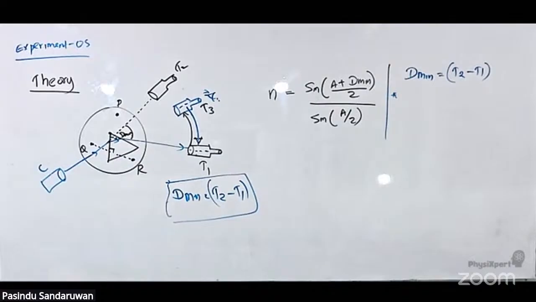Mention the equation again: n equals sin((A plus D min)/2) over sin(A/2).